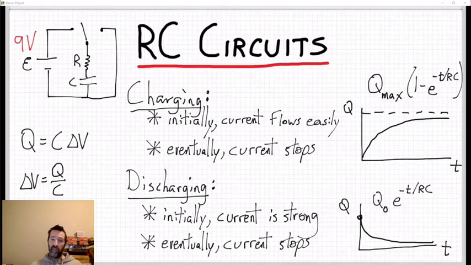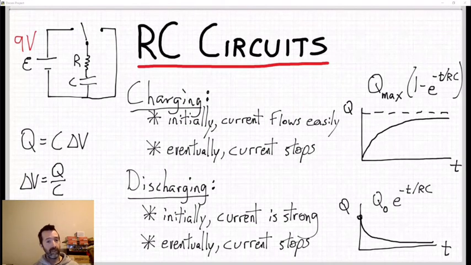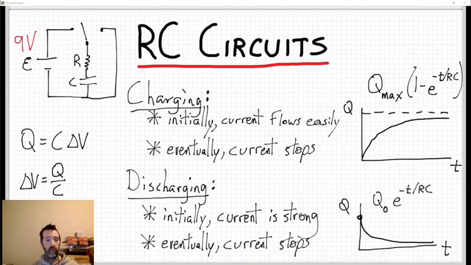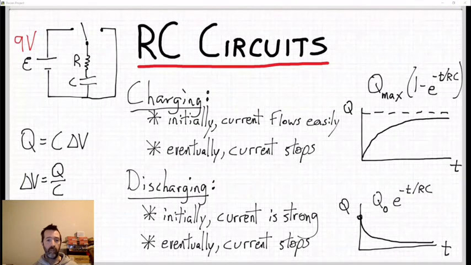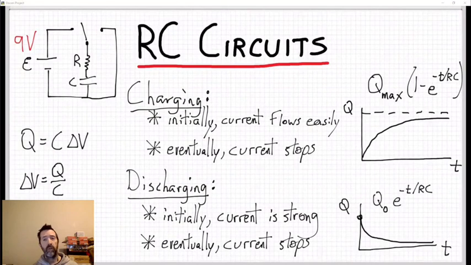Well, I already kind of answered that qualitatively. I told you that in the charging case, the current is really strong at the beginning because it's easy to put charge into the capacitor. And in the discharging case, the current is also very strong at the beginning because there's a lot of force pushing the charges out of the capacitor.